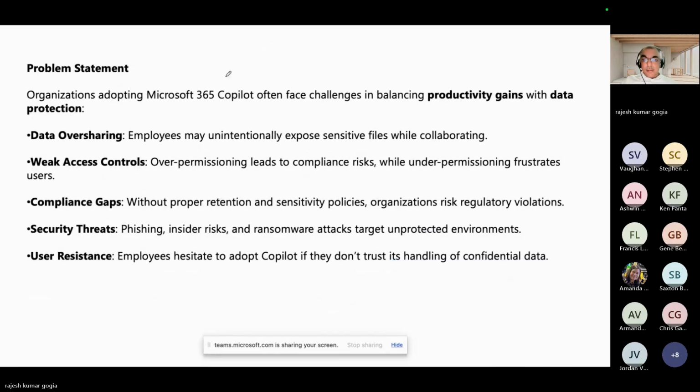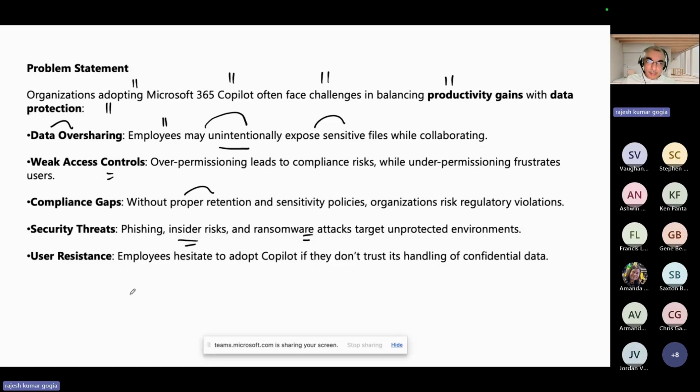And again, with a new problem statement, that means adopting Copilot and facing the challenges. Why? Because of balancing productivity gains with data protection. Sometimes data oversharing happens. What happens? Employees might unintentionally expose sensitive files, weak access with weak permissions, no proper retention, insider risks, ransomware attacks, isn't it?